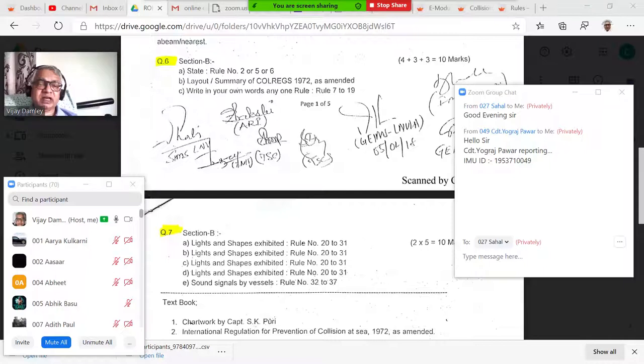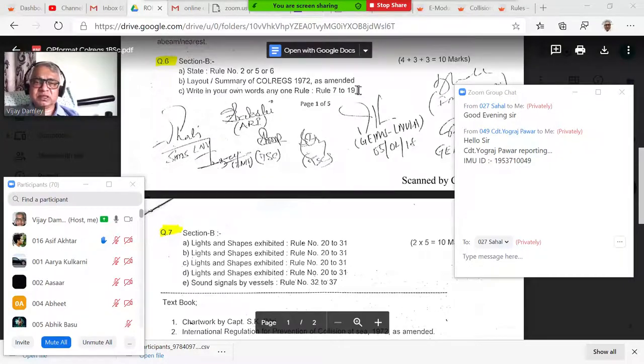When you write in own words, you should not be missing the points. I know it is a little bit tough, that's what you feel right now. Over the period you will get used to it because this is our bread and butter actually: ROR and the rest. So these 7 to 19 you must write in your own words. So relatively the syllabus is a lot, but this is only 3 marks.